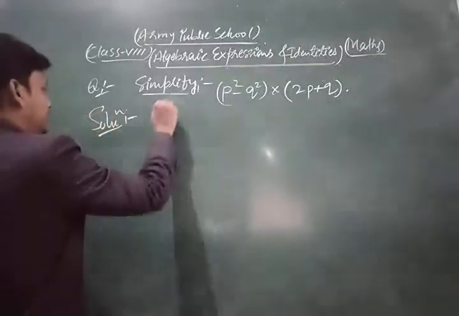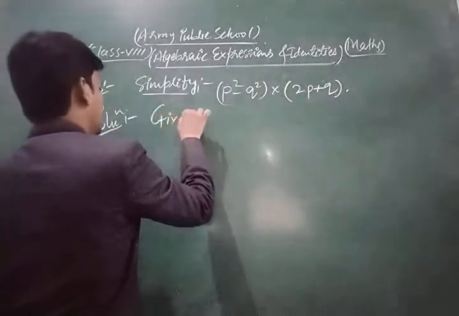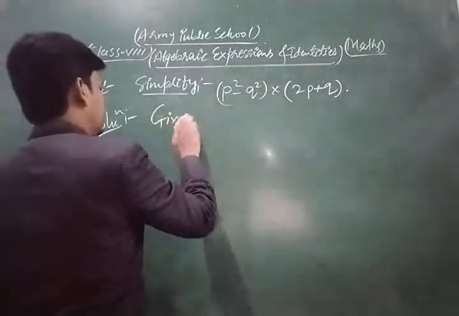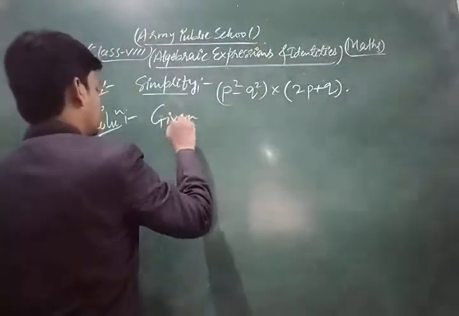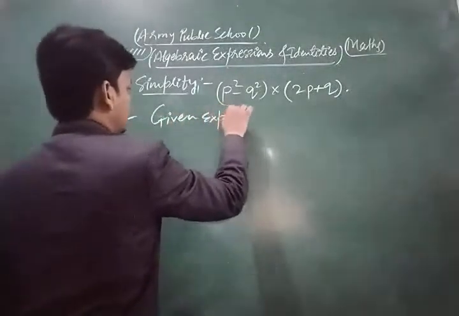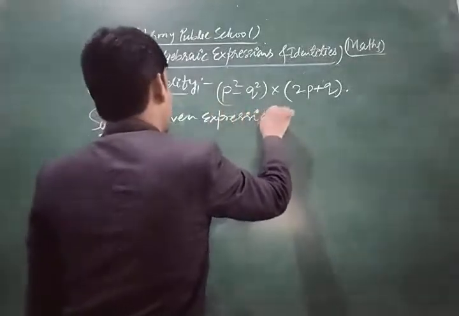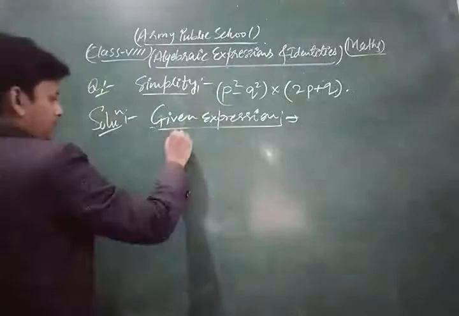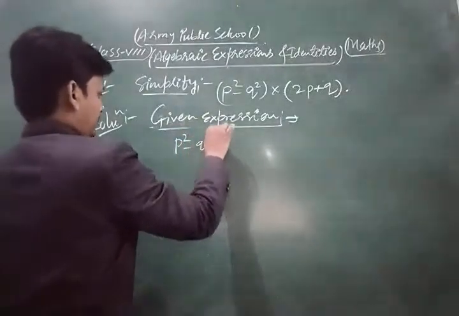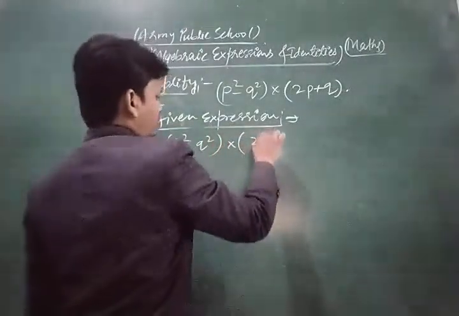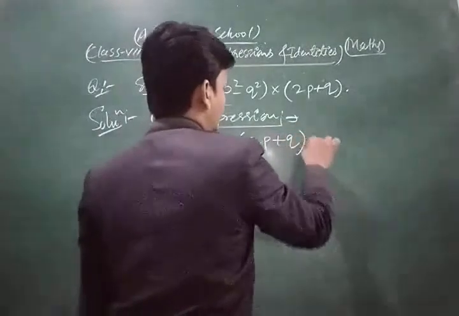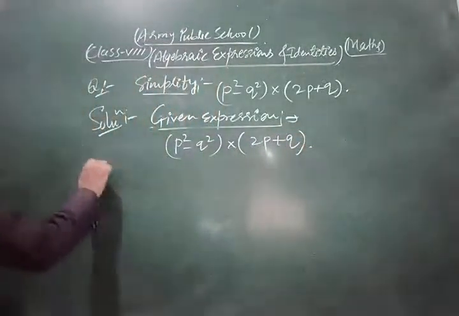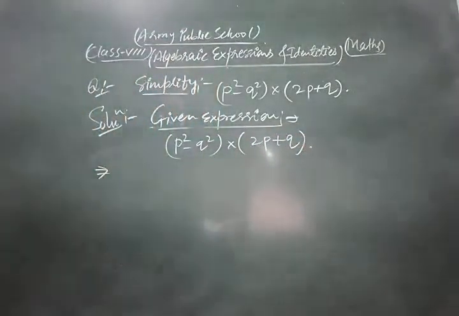First of all, we write the given expression, p square minus q square into 2p plus q. Now we can write it in this way.